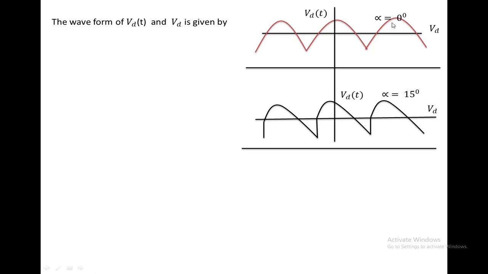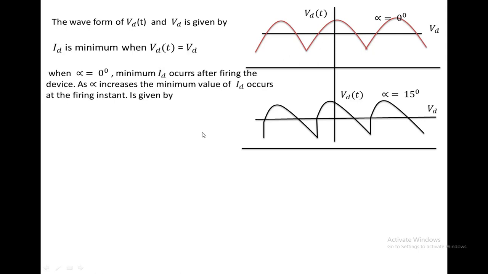In case of alpha equal to 0, if the alpha value increases, the minimum value of Id will occur at the point where the valve will be on, and it is given by Vd equal to Em cos of alpha bar plus pi by P. Alpha bar is nothing but the angle at which minimum Id will occur.